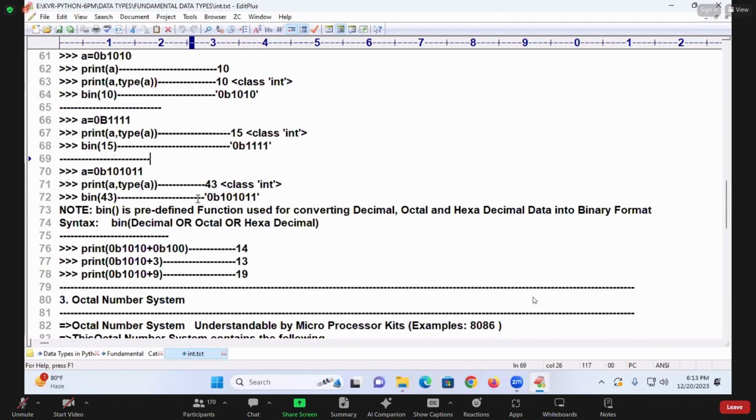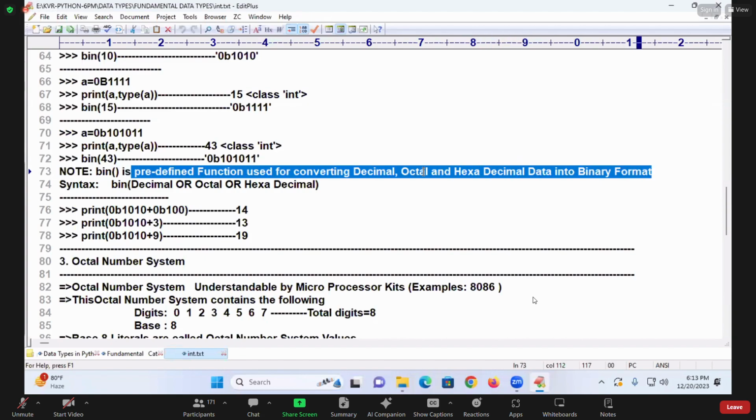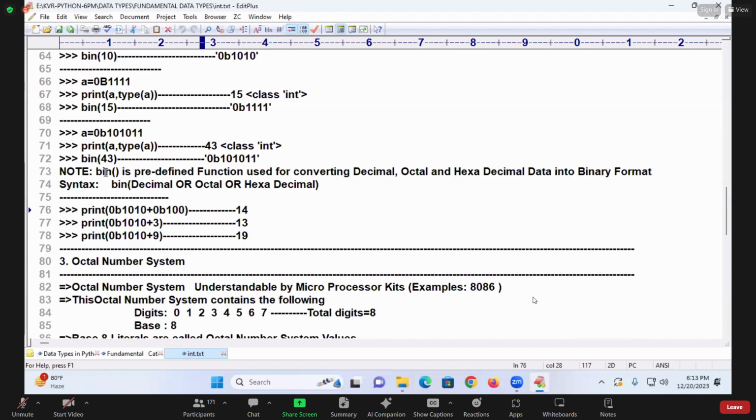The most important point is bin(), a predefined function used for converting decimal, octal, hexadecimal data into binary format. I'll discuss it separately with one more small example after the int data type is over.